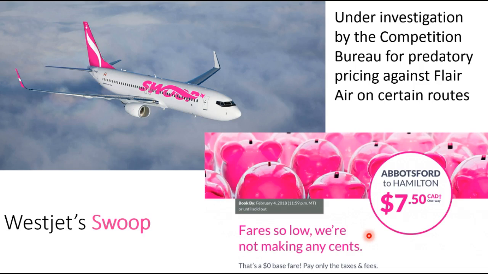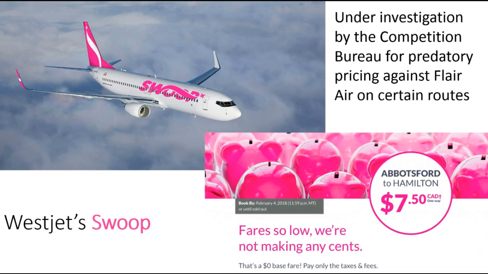Although they're not actually saying that it's predatory pricing, there was a report that a WestJet executive had told investors that they didn't want to allow another entrant into the market. And that was not something that they should have said publicly, because, of course, that is really an abuse of dominant position, to quote the law.